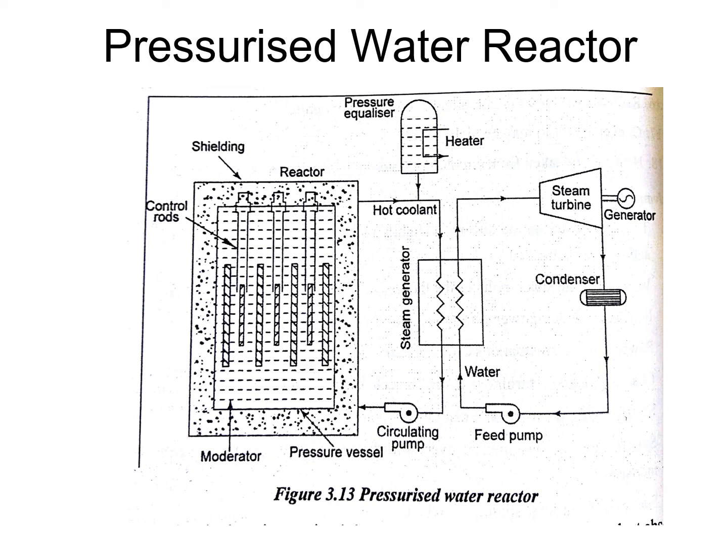In the pressurized water reactor also, very similar arrangements are made to ensure safety, and at the same time to ensure proper steam generation at high pressure and high temperature. Whereas in the boiling water reactor we have seen only 72 bar, here we are generating pressure up to 76 bar.